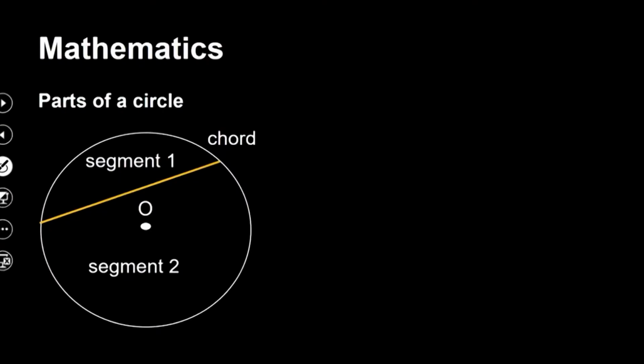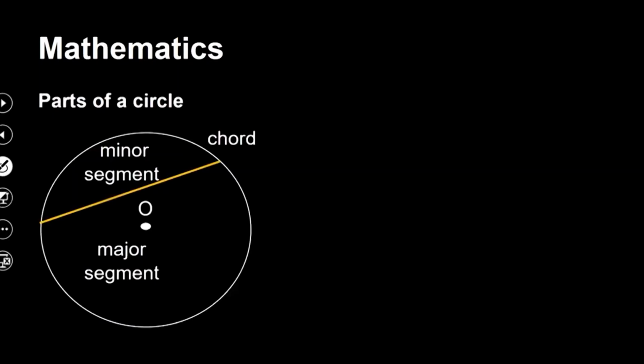Now, a chord, as I just said, normally cuts the circle into two segments, segment 1 and segment 2, or vice versa. But we have specific names that we give these segments.